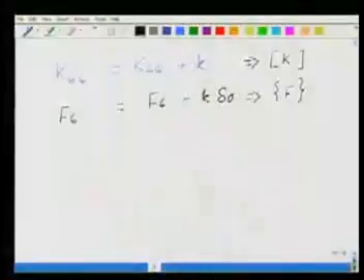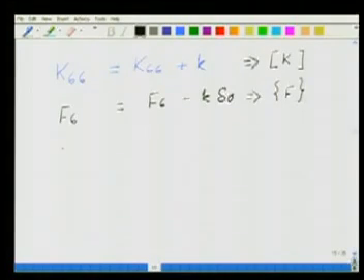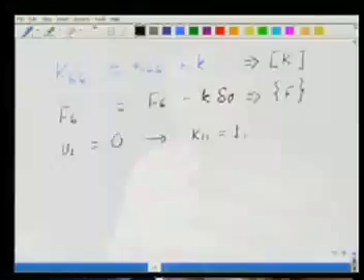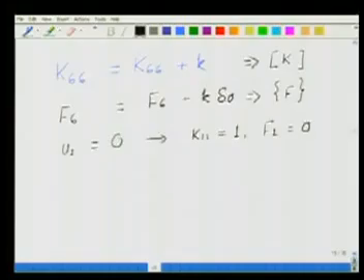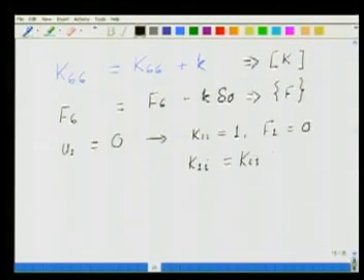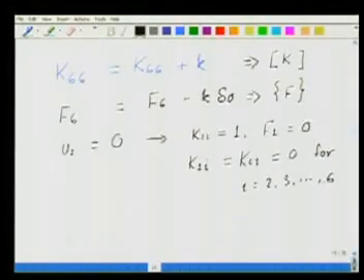But our job is not yet done, because we have to also put that U1 is equal to 0. So for that we will again make K11 equal to 1, F1 is equal to 0, K1i is equal to Ki1 is equal to 0 for i is equal to 2, 3 up to 6.